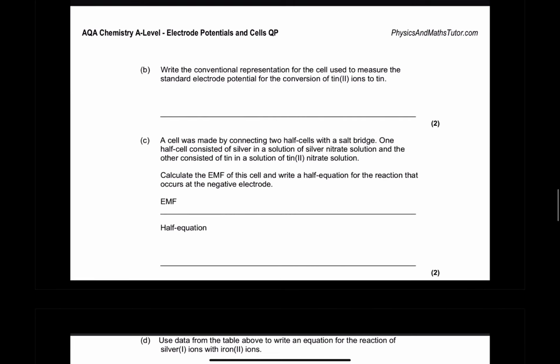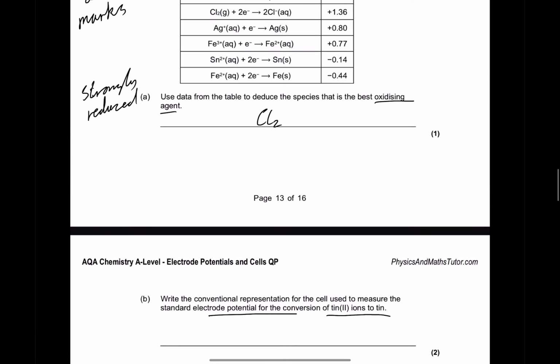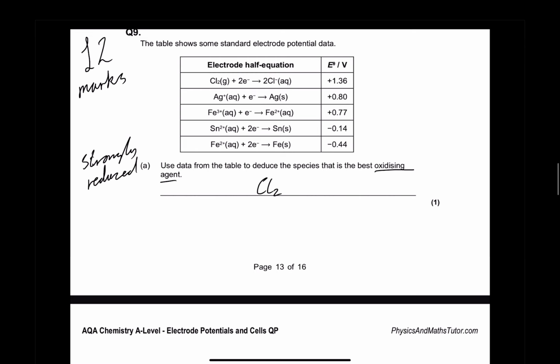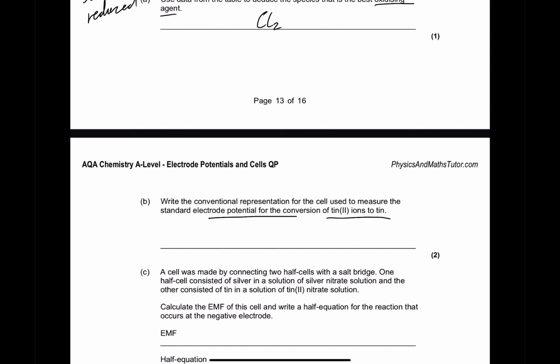So, write the conventional representation of a cell used to measure the standard electrode potential for the conversion of tin 2 plus to tin. So from tin 2 plus to tin, that's a reduction. The standard electrode potential involves platinum as well.